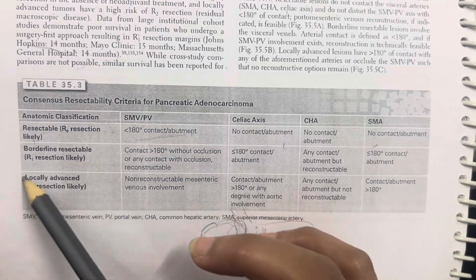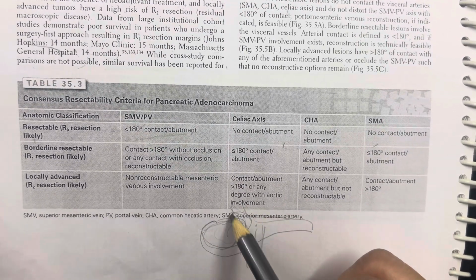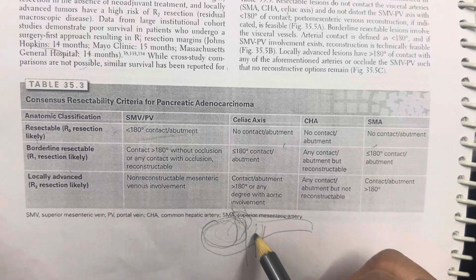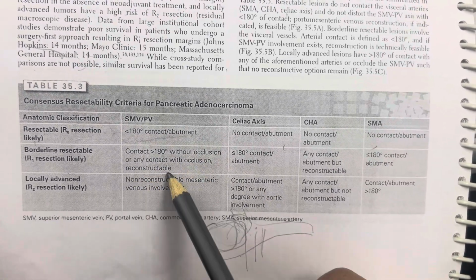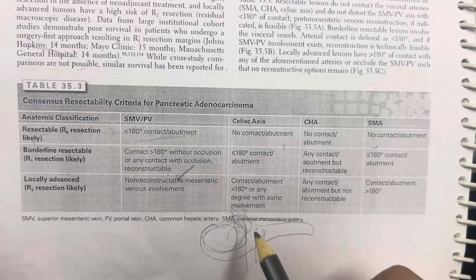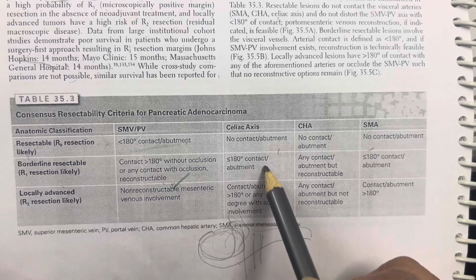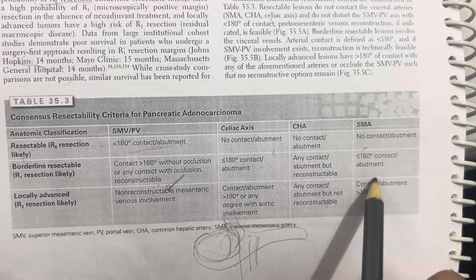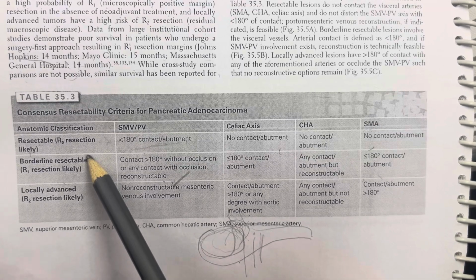Borderline resectable, that is R1 resection likely, when the SMV portal vein contact is more than 180 degree without occlusion, or any contact with occlusion that is reconstructible. If it is involving the celiac axis with less than 180 degree abutment, or the SMA with less than 180 degree abutment, then it is borderline resectable.